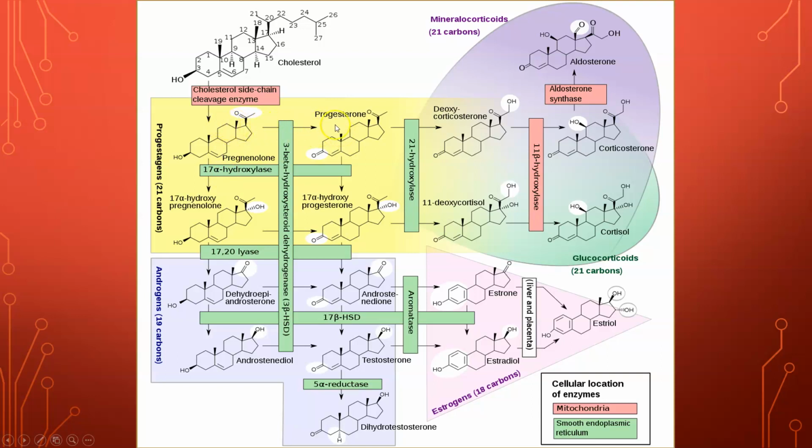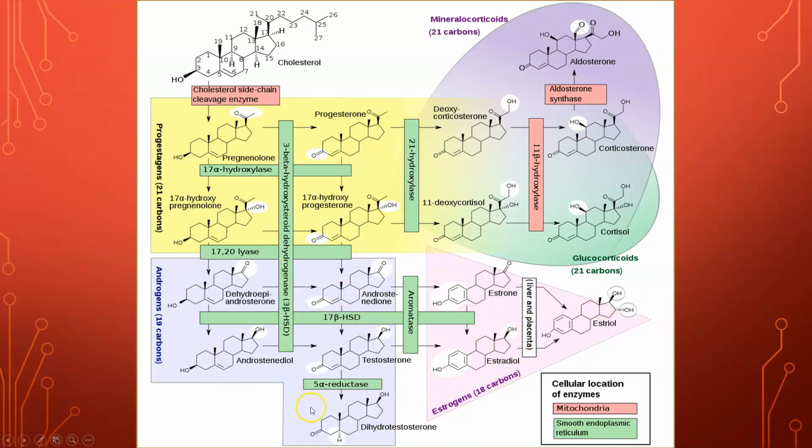So you could go, for example, here to progesterone, and then we can go 17A hydroxyprogesterone to androstenedione, testosterone, and dihydrotestosterone. And then from testosterone, you can cross over to estradiol, which is the most common estrogen, estrone, estriol. Here are your estrogens.